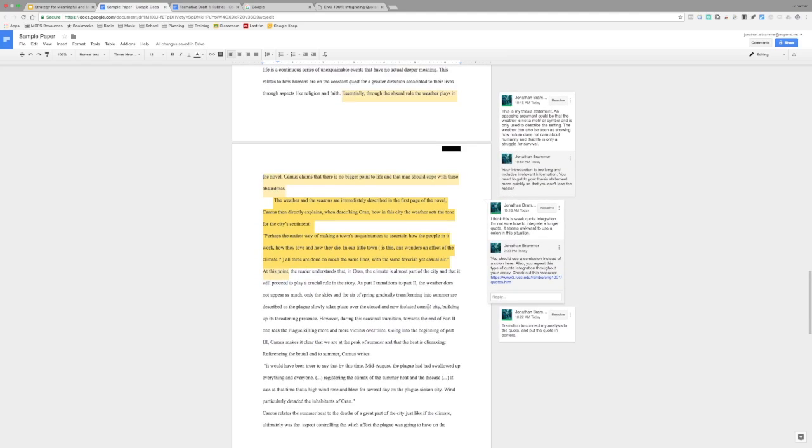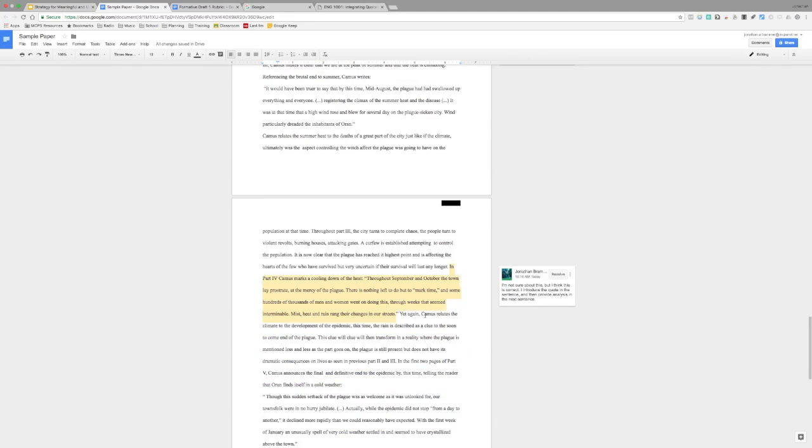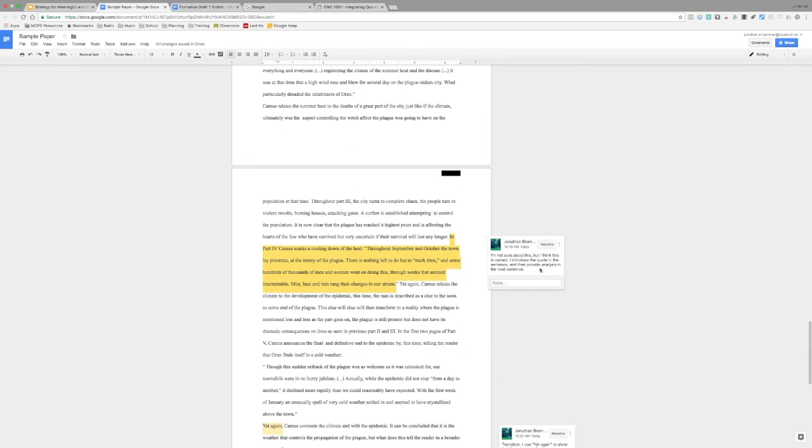And then it's the same problem with this one at the bottom. You're using a colon incorrectly here, and please look at this link to see other ways to integrate your quotation.